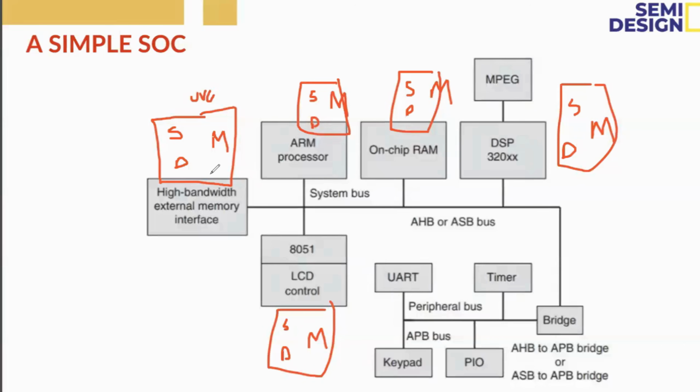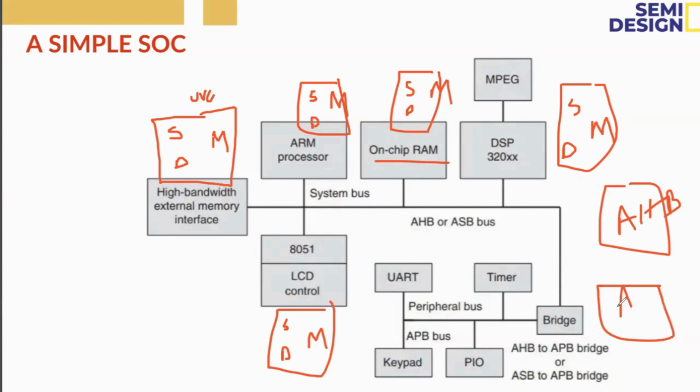Okay, so when you buy any UVC from any IP vendor, what do they actually provide? If you buy any component, suppose you are buying a RAM, or an AHB, or there will be IP vendors for AXI. If you are buying an AXI, what will they actually provide?